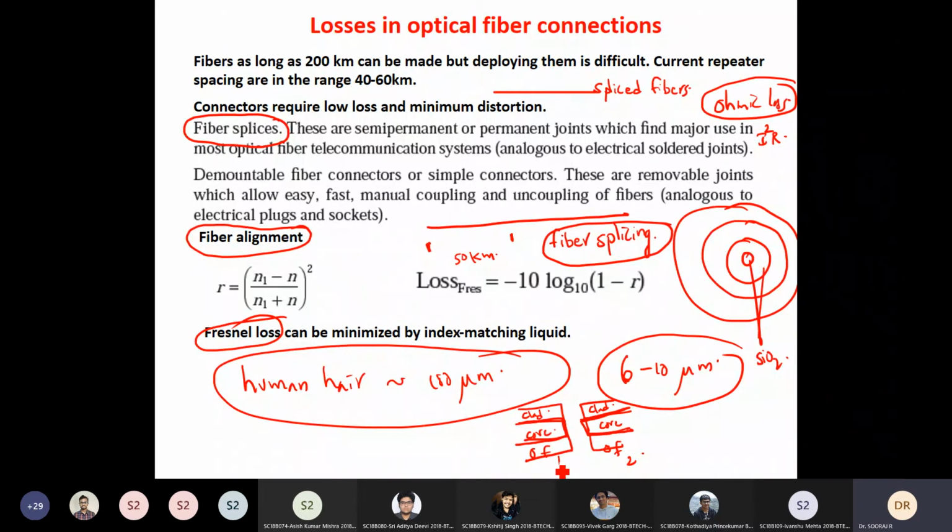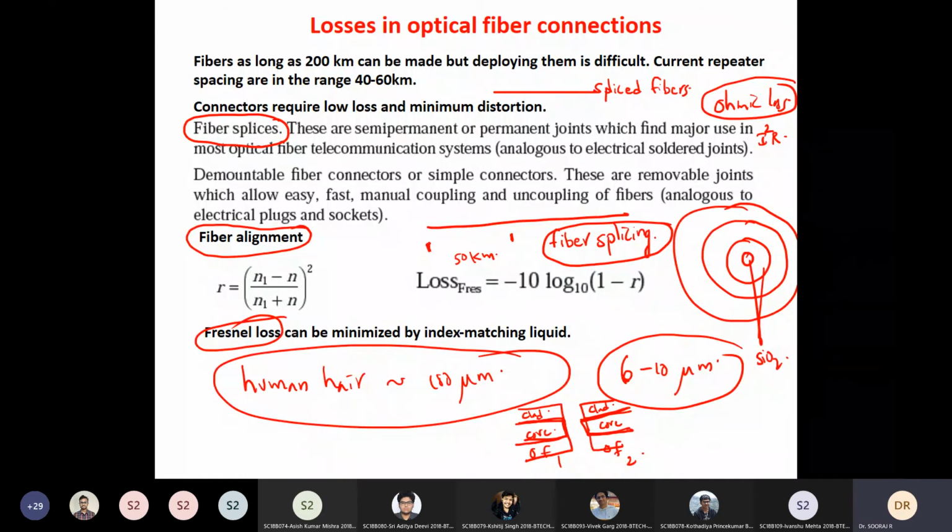Now let's assume that if the refractive index of the core of these two optical fibers is exactly the same, that means the core refractive index of the first optical fiber is exactly the same as the core refractive index of the second optical fiber, then it's wonderful. That's the perfect situation. When you join them, there are almost no losses.